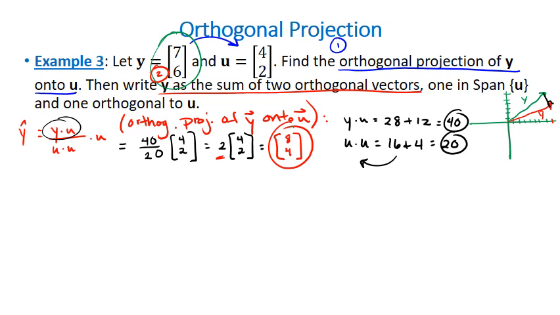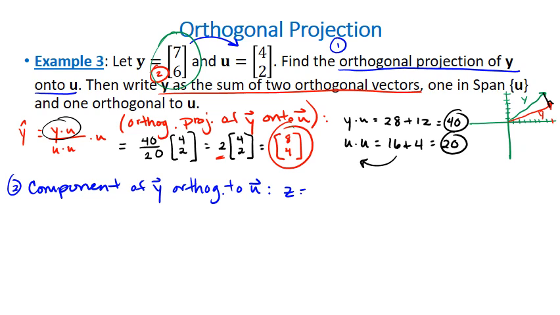So now we're moving on to part 2. In part 2, we want to now write y as the sum of the 2 orthogonal vectors. Taking some baby steps to this, the component of y orthogonal to u is found by z.